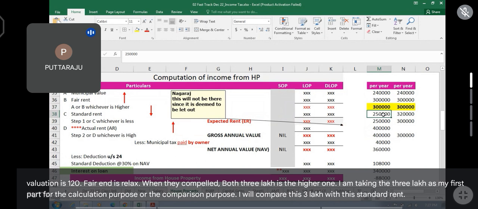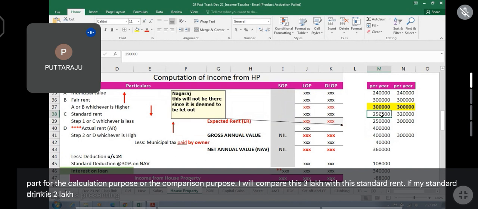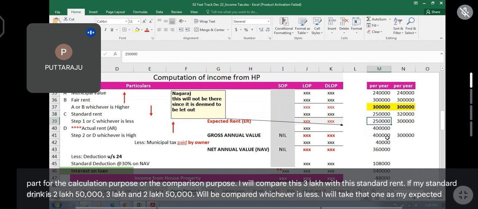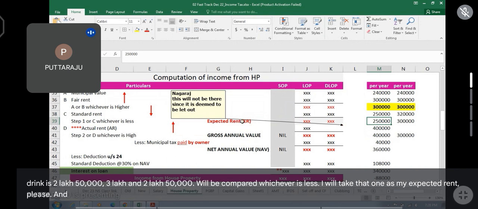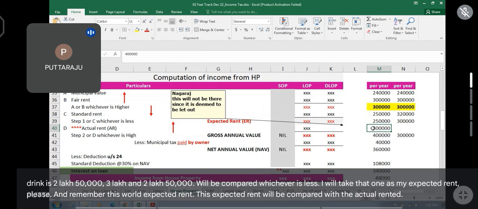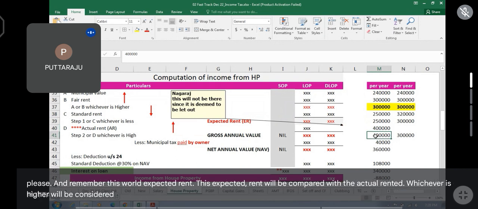If my standard rent is 2 lakh 50,000, 3 lakh and 2 lakh 50,000 will be compared. Whichever is less, I will take that one as my expected rent. Please remember this word, expected rent. This expected rent will be compared with the actual rent received. Whichever is higher will be considered as annual value, gross annual value. This is the first situation.